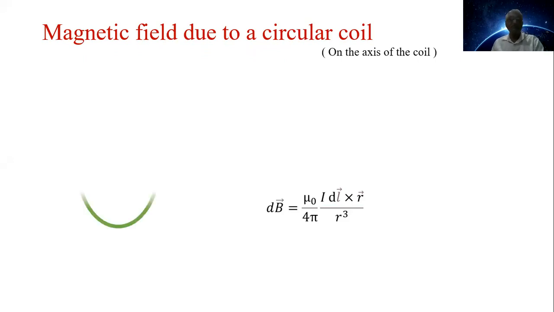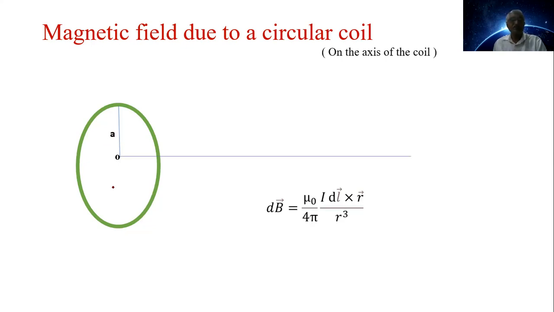Consider here this is the circular coil, and it is carrying the current I, as we have seen earlier. Its radius is A. Consider the circular coil of radius A here. Now we can consider that this is the axis of this coil. This is the axis of the coil.